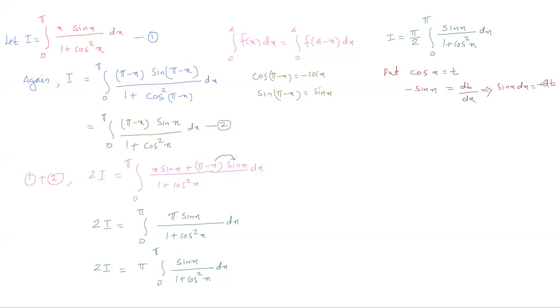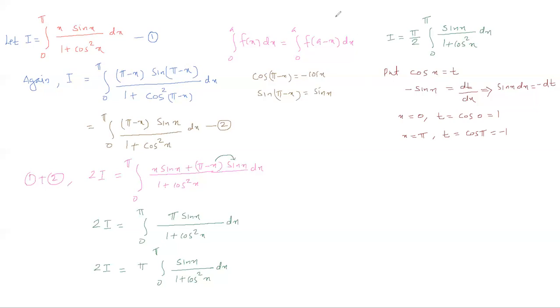Now when x is equal to 0, t is equal to cos 0, which is 1. When x is equal to pi, t is equal to cos pi, which is minus 1.